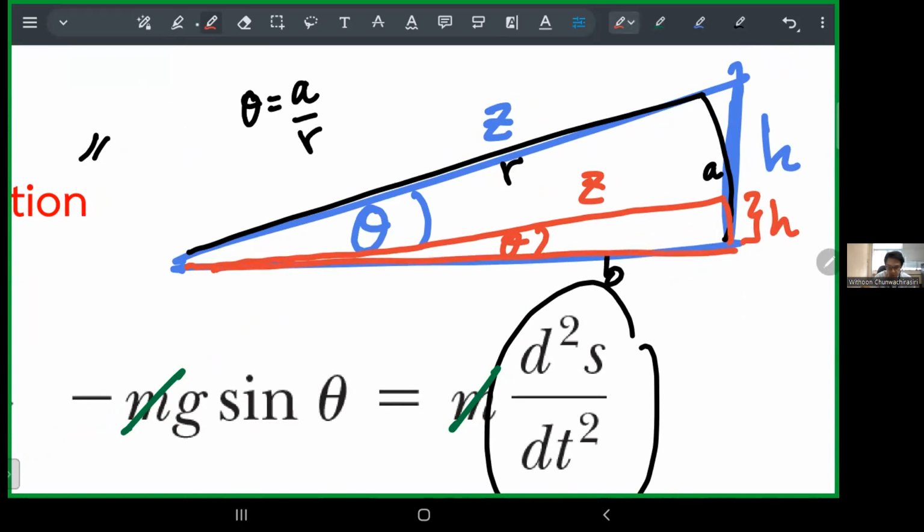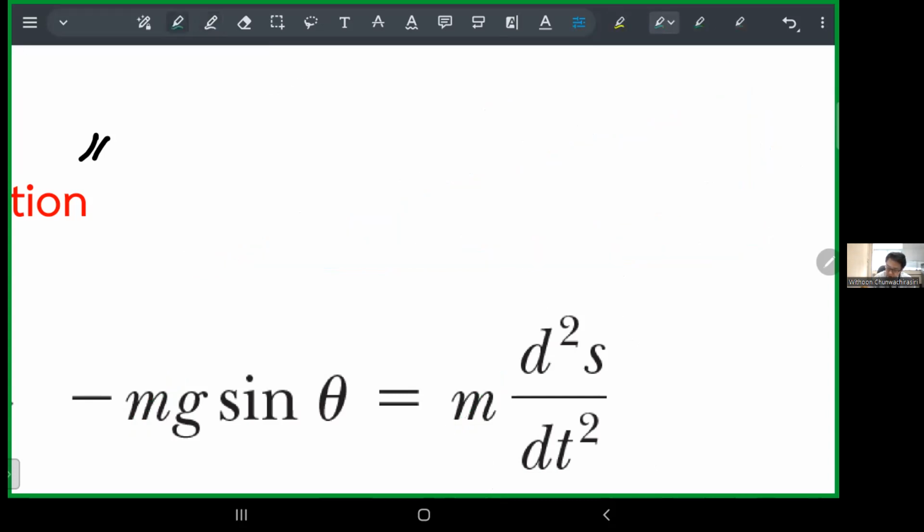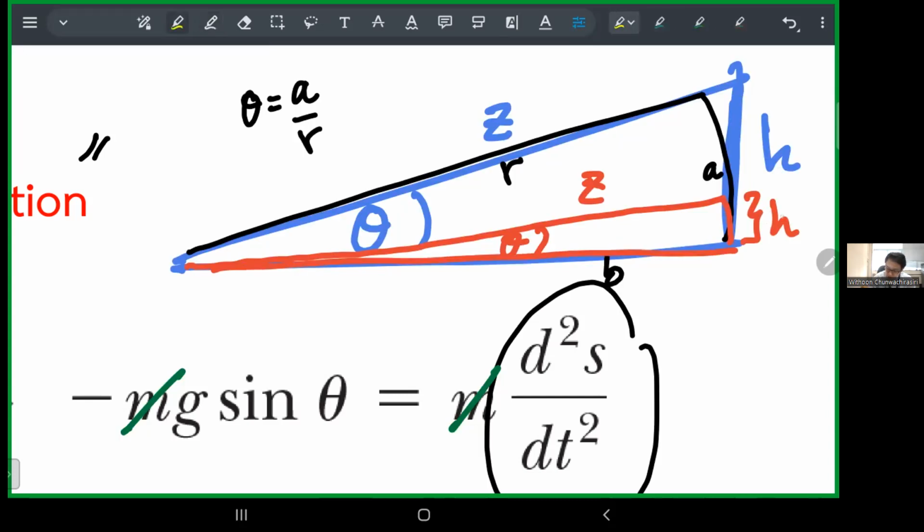Well, it looks like when the theta is small, it doesn't really matter. You can call it the edge, you can call it the arc length, you can call it the base, you can call it the hypotenuse, or you can call it the radius. The height and the arc length are going to get very close.